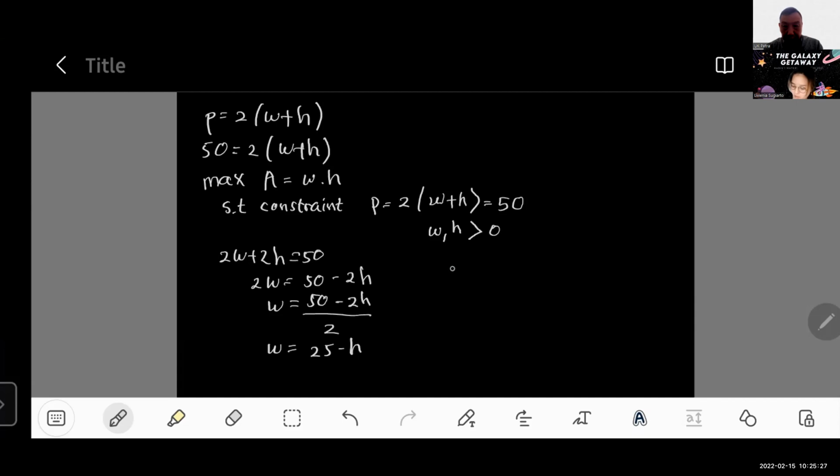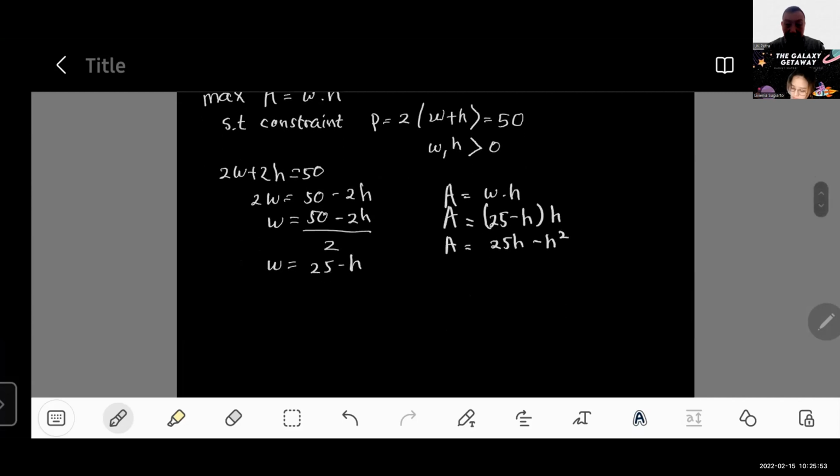And then we go to the area. The area is W times H, so now it becomes the area A equals 25H minus H squared.